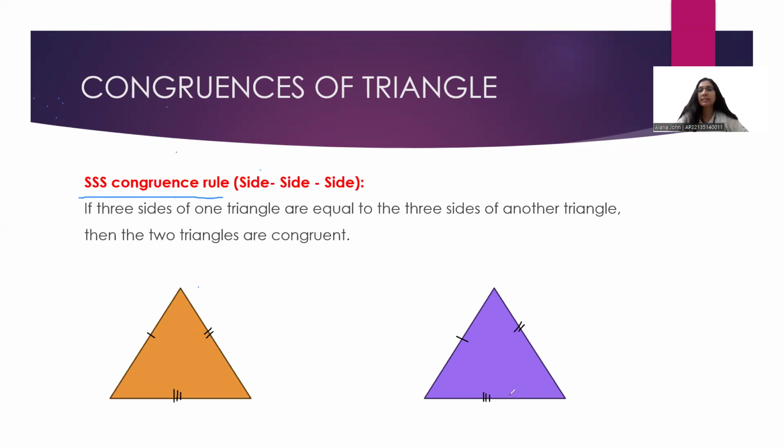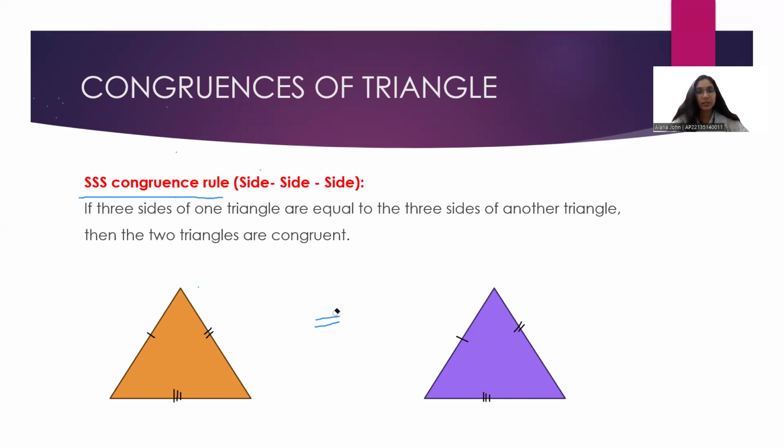The only thing is that each side should be equal to some side of the second triangle. I have taken just a particular example to illustrate the concept. If the three sides of two triangles are equal, then by the SSS congruence rule, we can say that the two triangles are congruent.